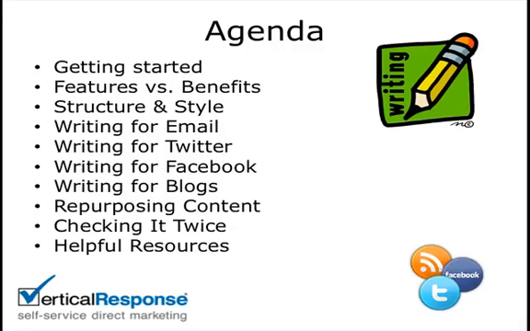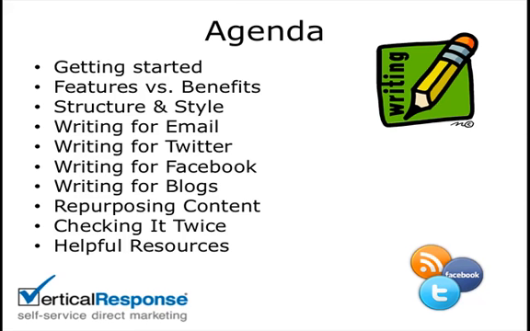All right, hi everybody. I'm Amber, and we will begin at the beginning, which is the agenda. Just to let you know what we'll be going over in the next 40 minutes or so: we will go over getting started with writing, the idea of features versus benefits. Then we will do some structure and style analysis and tips.